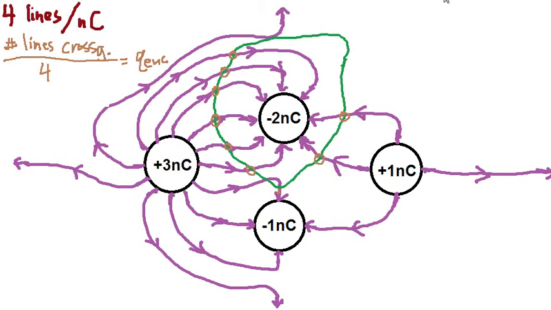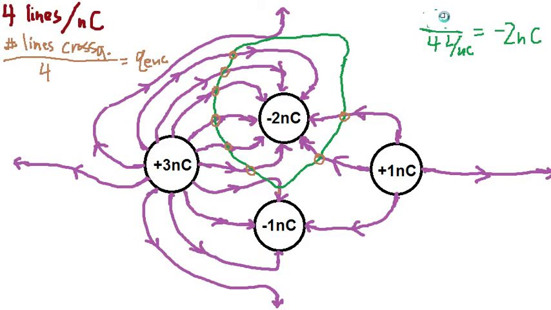This is our first one, remember? So there's, again, 1, 2, 3. This one doesn't count. 4, 5, 6, 7, 8. And we have 8 coming in. So for this green one, I'm going to say 8 lines in divided by 4 lines per nanocoulomb gives us -2 nanocoulombs, which is the enclosed charge.